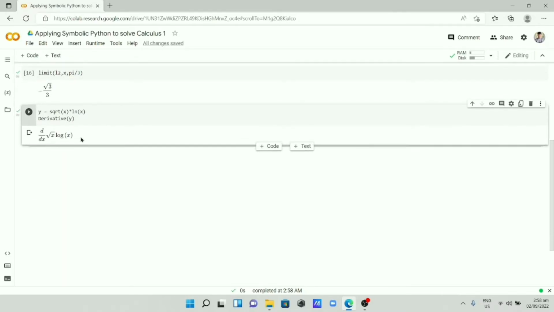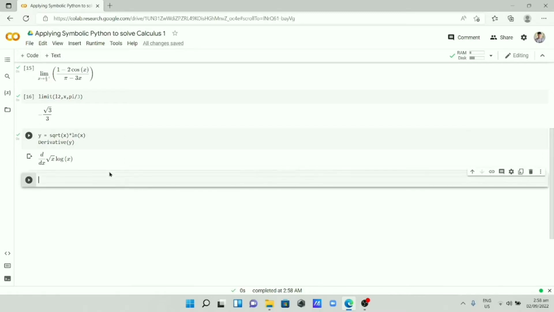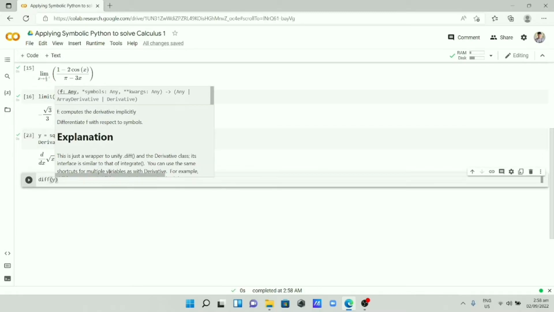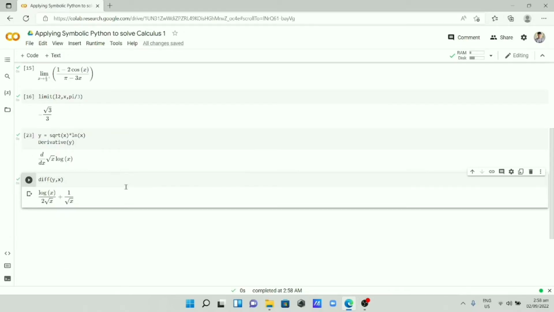And there we go. In order to get the derivative of this, we are going to use diff of the function y with respect to the variable x. And there we go. We have ln of x over 2 square root of x plus 1 over the square root of x.